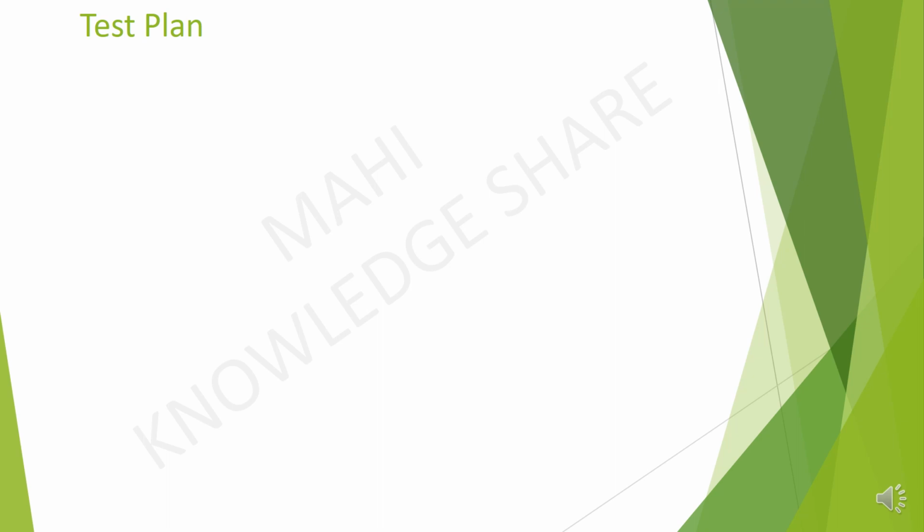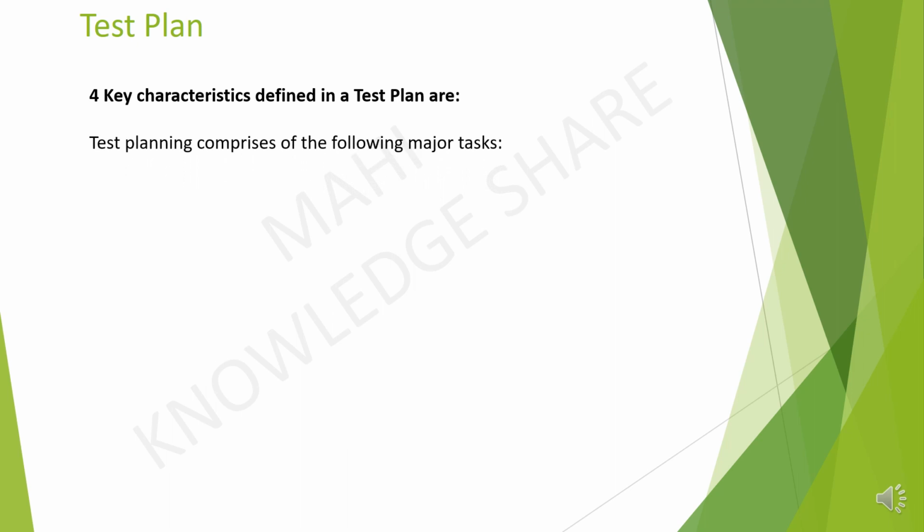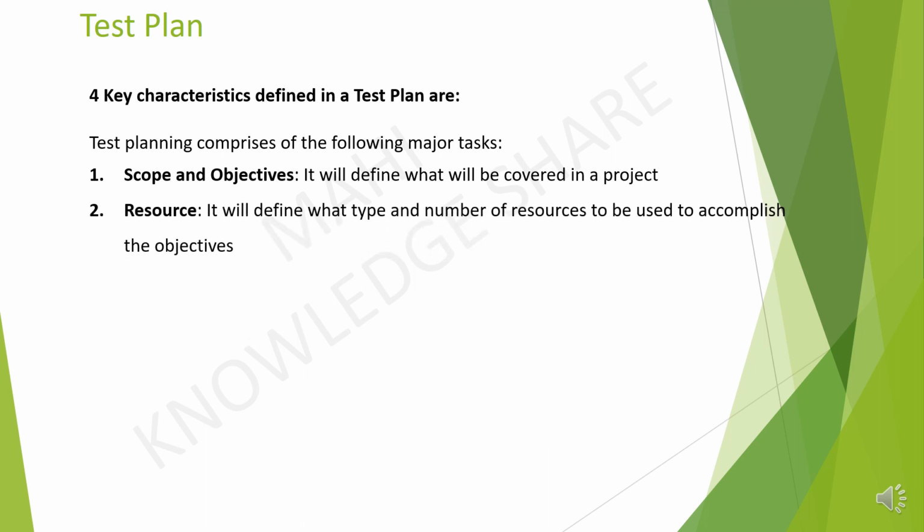List the major key characteristics defined in a test plan. A test plan comprises the following major items. 1. Scope and objectives. It will define what will be covered in a project. 2. Resource. It will define what type and number of resources to be used to accomplish the objectives. 3.